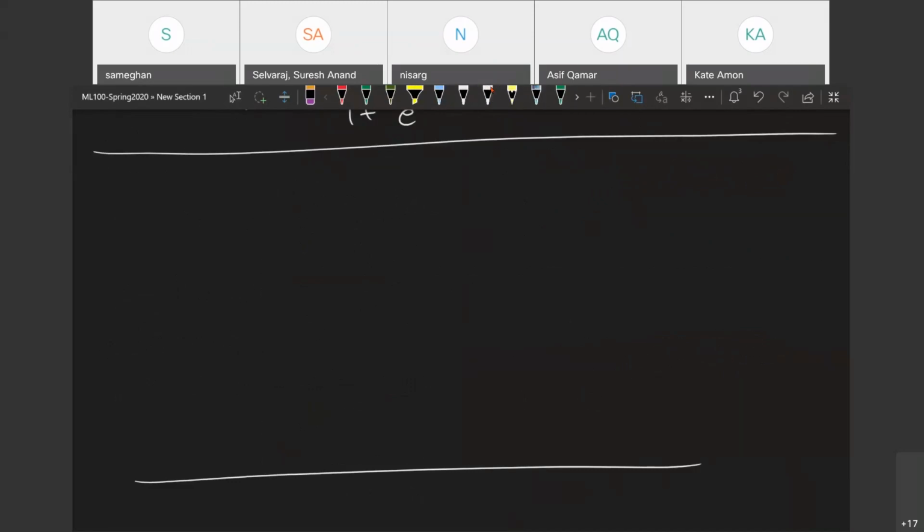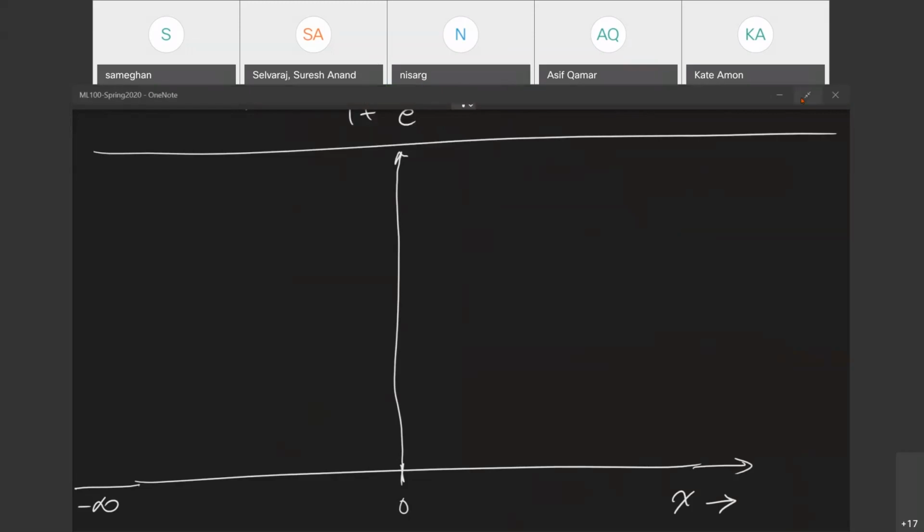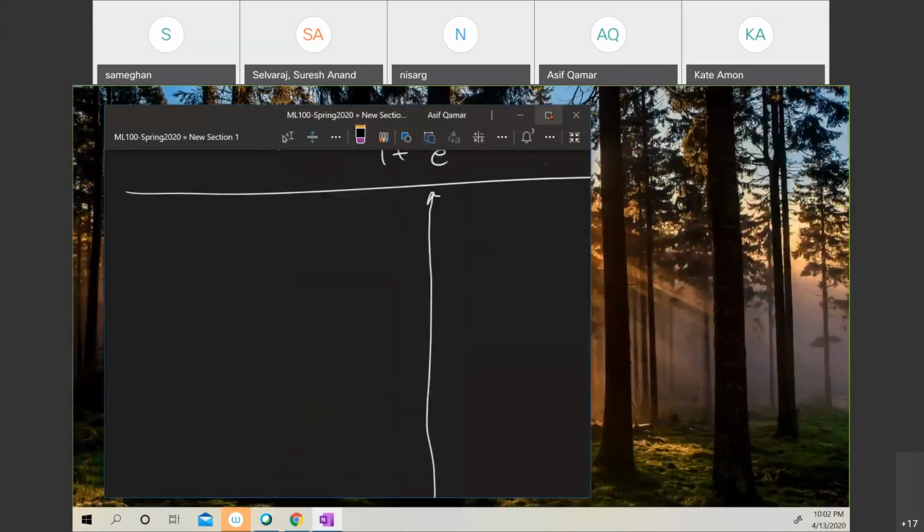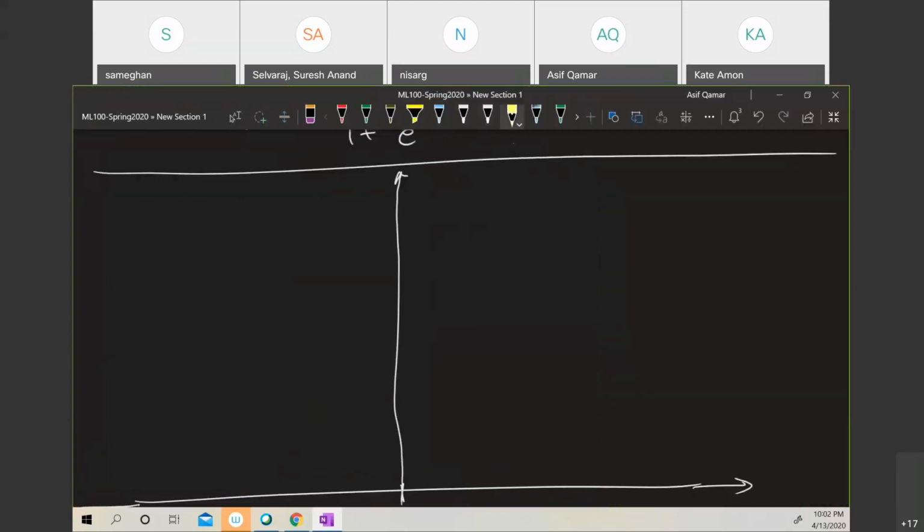This is 0. So what happens is you realize that when x is minus infinity, this will be 0. It is here, very small.